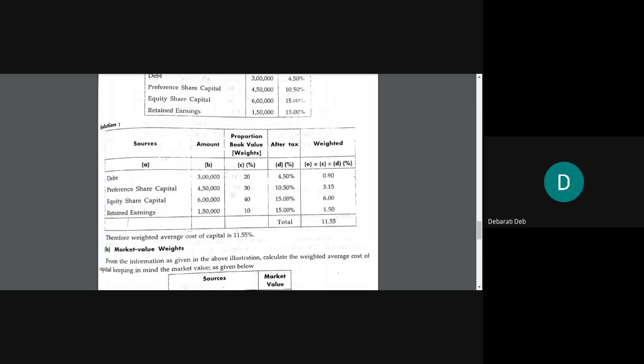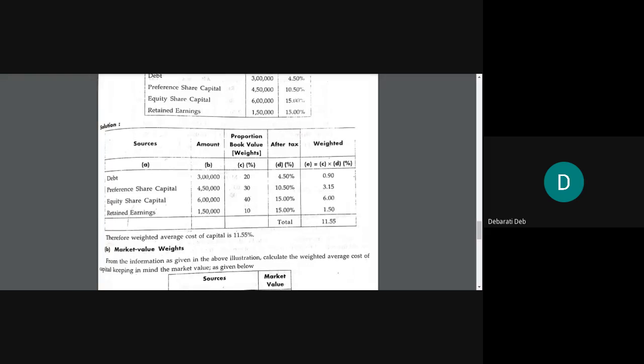Now under the sources heading, you write the 4 sources. See from the screen and write. They will be debt, second one preference share capital, third one equity share capital, and fourth one retained earnings. You write from the screen.